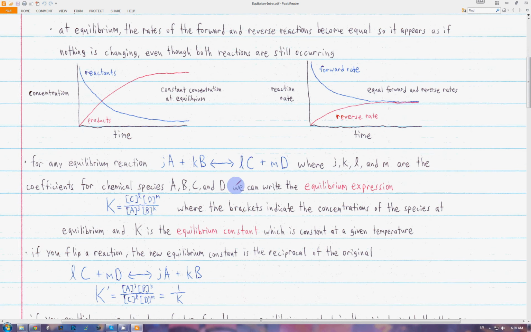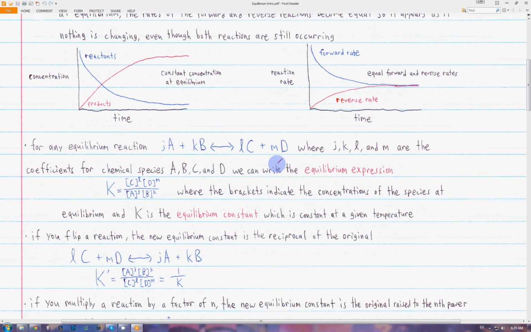So if we have any equilibrium reaction, which we represent by this double arrow, with reactants A and B, and then products C and D, where J, K, L, and M represent the coefficients of these chemical species, then we can write what's called an equilibrium expression.